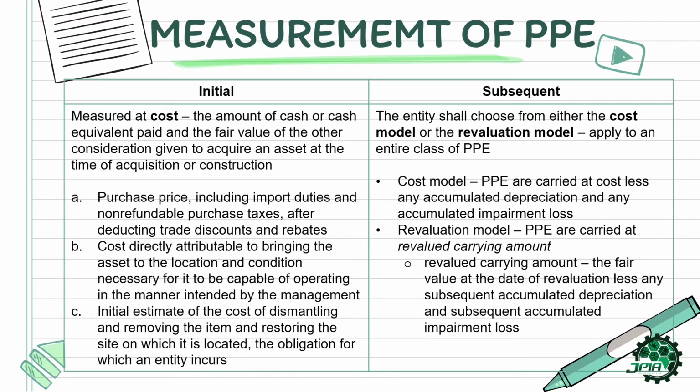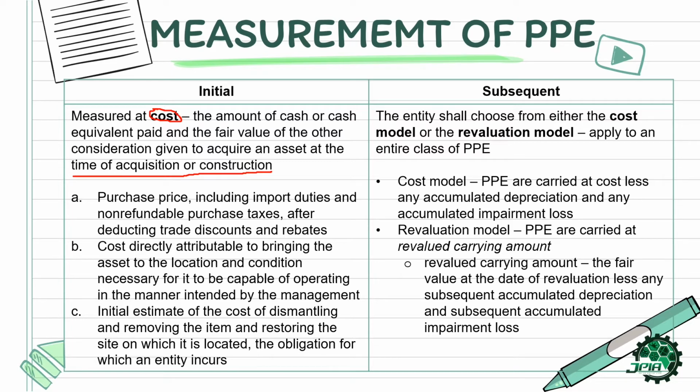Okay. Initially, PPEs are measured at cost. What is cost? The amount of cash or cash equivalent paid and the fair value of the consideration given at the time of acquisition or construction. I repeat, at the time of acquisition or construction.